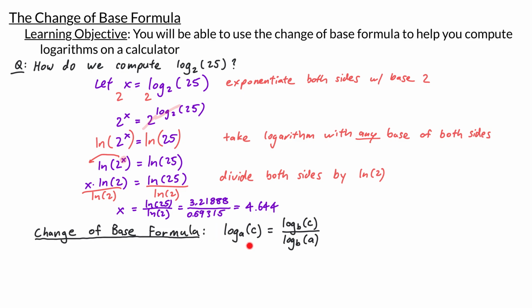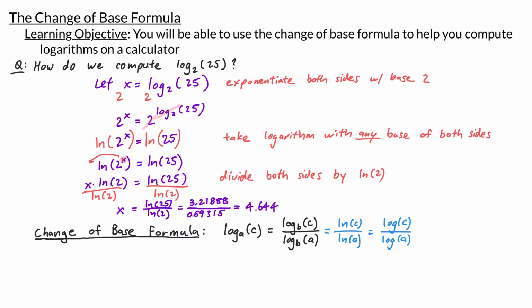If we want to compute the original logarithm in our calculators, typically we'll use base e or base 10 because our calculators have a natural log button and a log button. So we'll typically rewrite our original logarithm as ln of c divided by ln of a, or log of c divided by log of a.